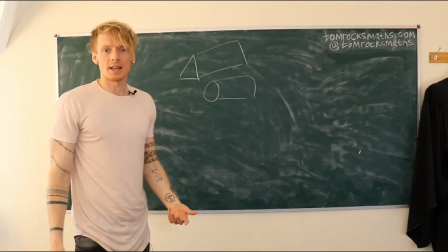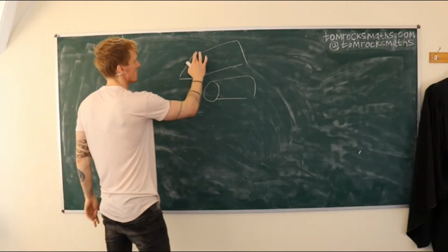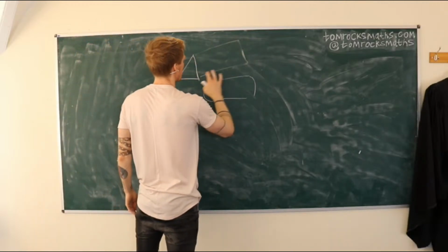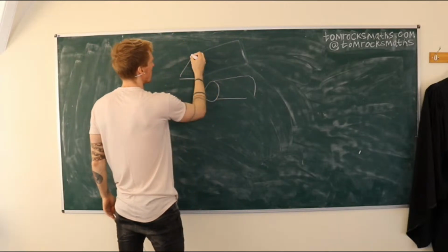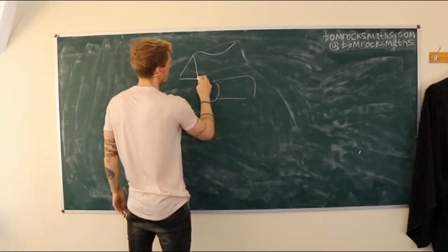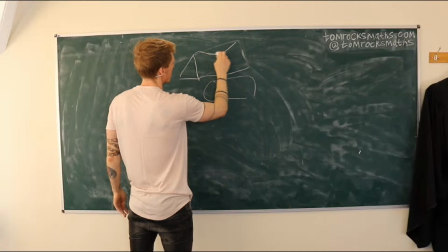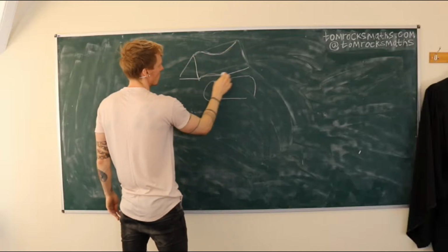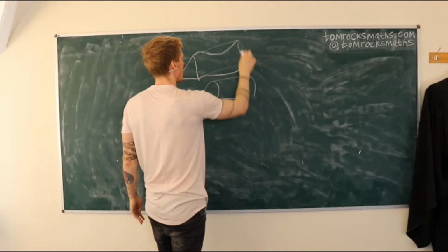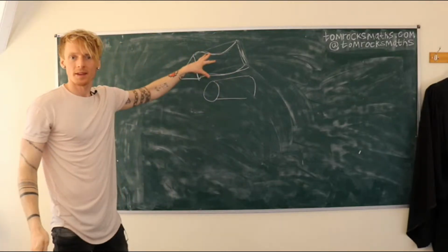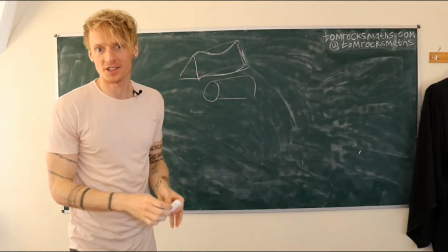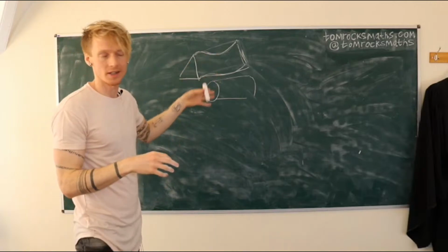But the question is, what if this part of the shape, what if here we allow some kind of, I guess, curve or something? What if we allow a non-regular shape to happen within our prism or our solid?